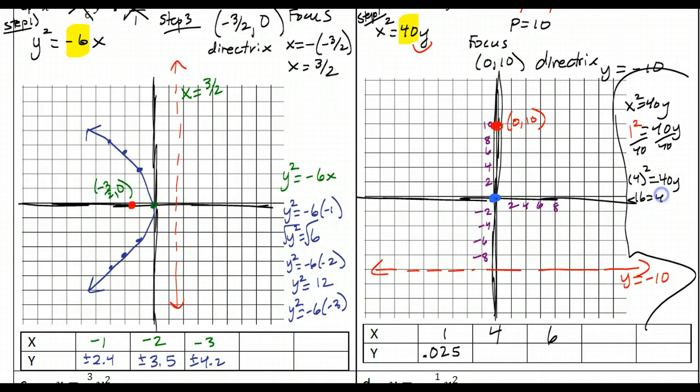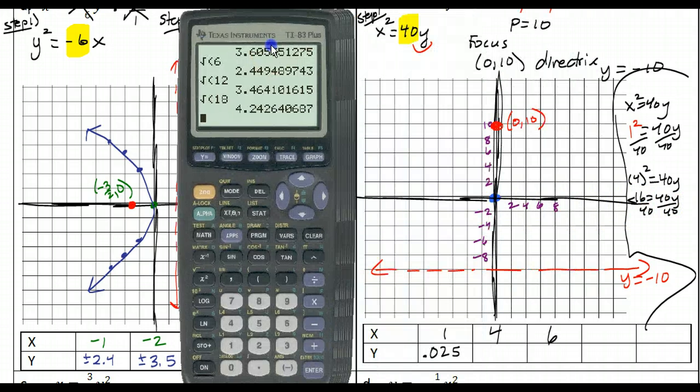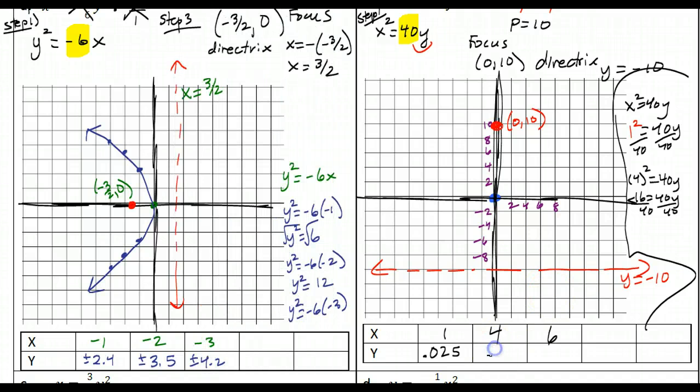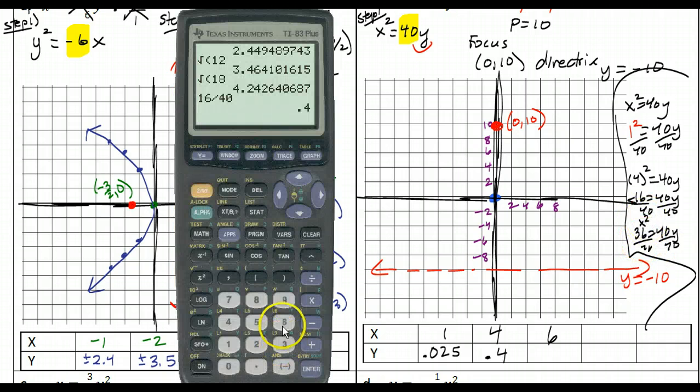So 16 equals 40y. 16 divided by 40 is 0.4. Okay, those are still pretty small. And then 6 squared, which is 36, equals 40y. And again, it's x squared, which is why I did 6 squared. 36 divided by 40 is 0.9.